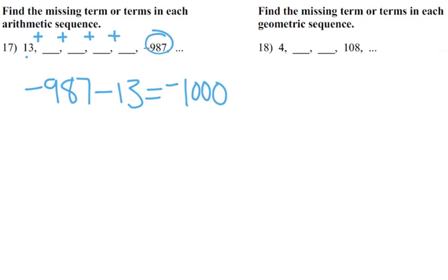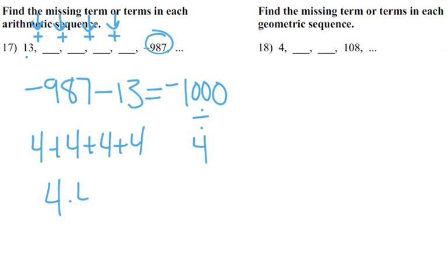So or how many times we're adding. 1, 2, 3, 4. So we've got to take that and we've got to divide it by 4. We've got to split it into those pieces, 4 equal pieces. Repeated addition, the shortcut, 4 plus 4 plus 4 plus 4 would be 4 times 4, because there's 4 groups of 4. So to undo that, we do the opposite of multiplication, which is division. So negative 1000 divided by 4 should give us negative 250.